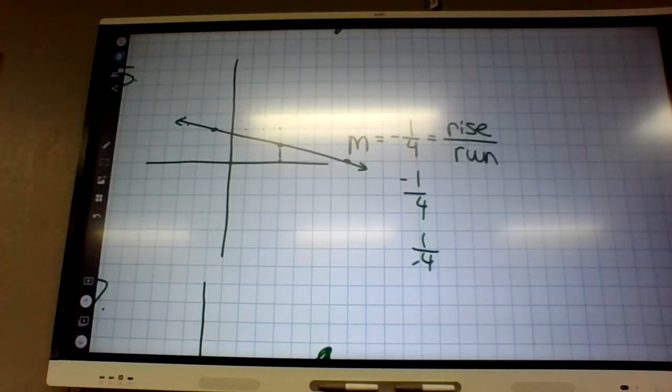Is this one at 2? Okay, yeah, I said it wrong. I said 5, -2. And then you go up 3 and over 2.